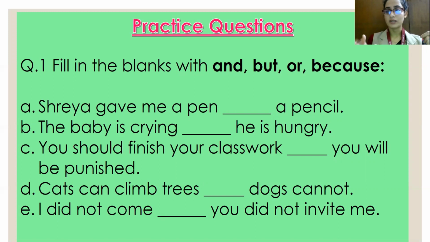You have to choose it and fill it. The baby is crying dash he is hungry. You should finish your classwork dash you will be punished. Cats can climb trees dash dogs cannot. I did not come dash you did not invite me. So those are your 5 sentences that you need to do.